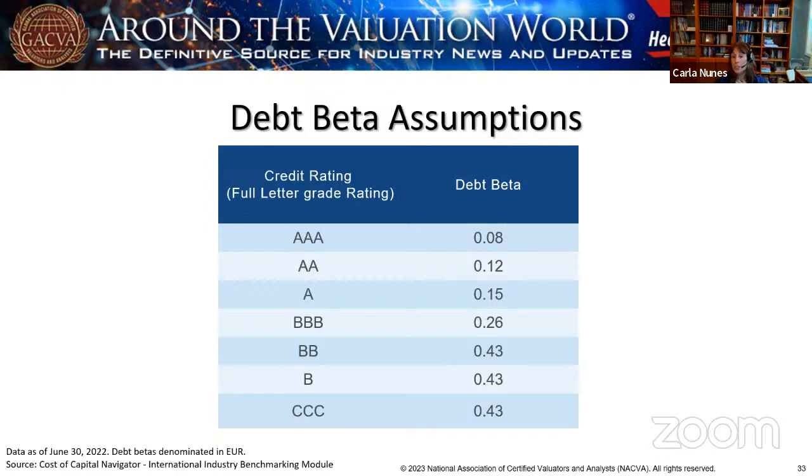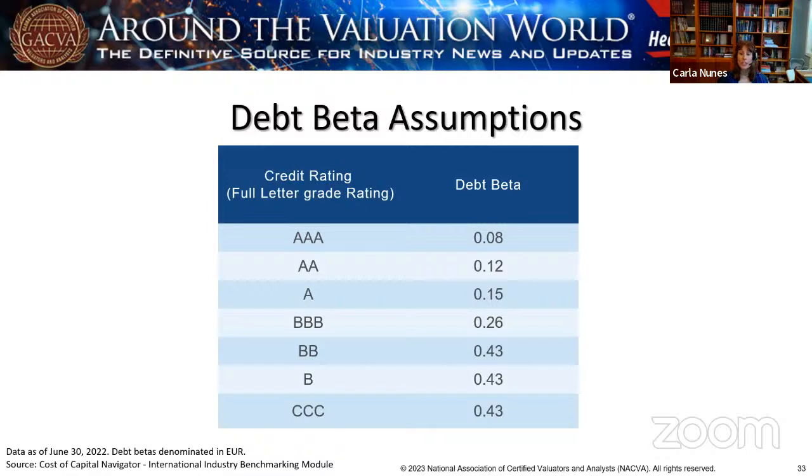We compute this every quarter, what debt betas are, and these are denominated in euros. So we have debt betas denominated in different currencies, and we use full letter grade rating. So we don't use notches. We don't do BBB plus, BBB minus. We use the full grade just because of data availability.